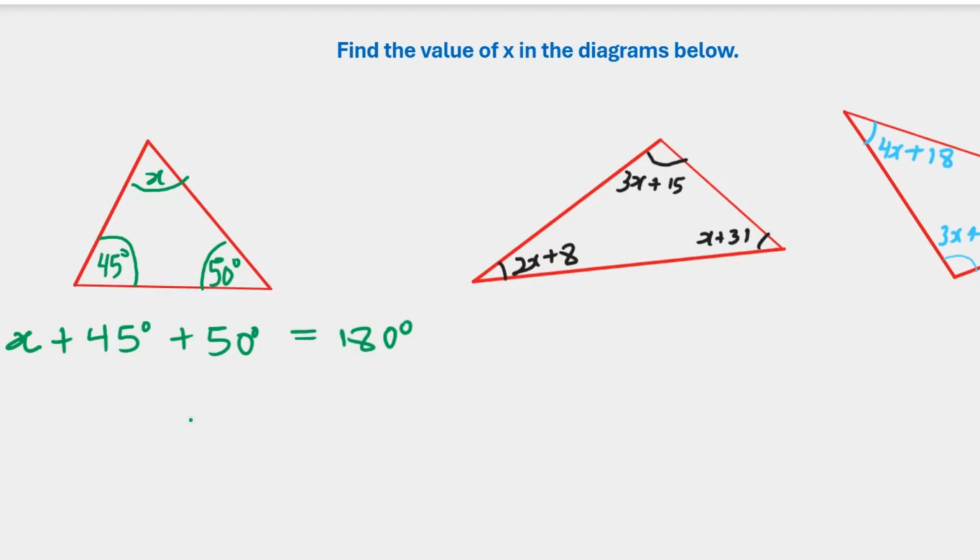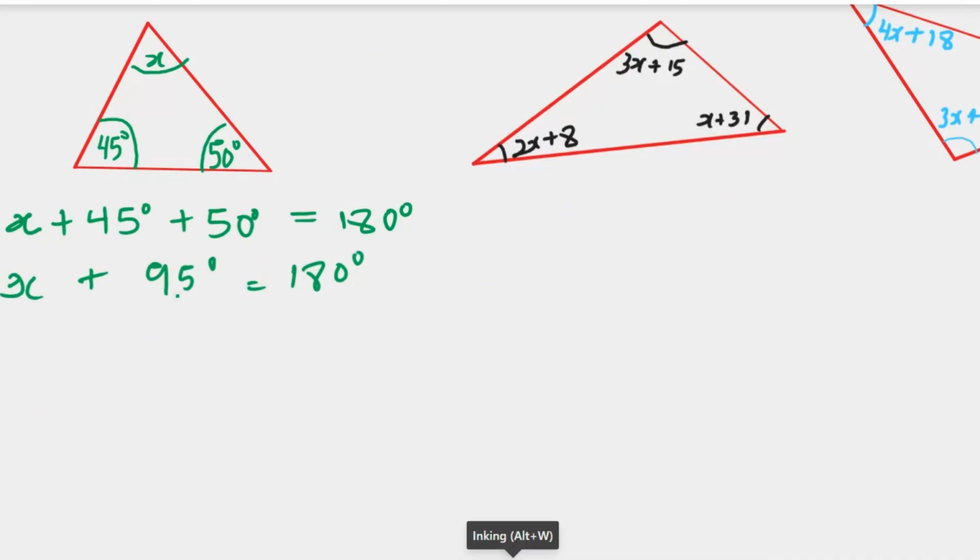So that's the property that I've stated here. From here, it becomes an equation which we have to simplify to find the value of x. So we have to simplify 45 and 50. So we have x plus 45 plus 50 equal to 180 degrees.